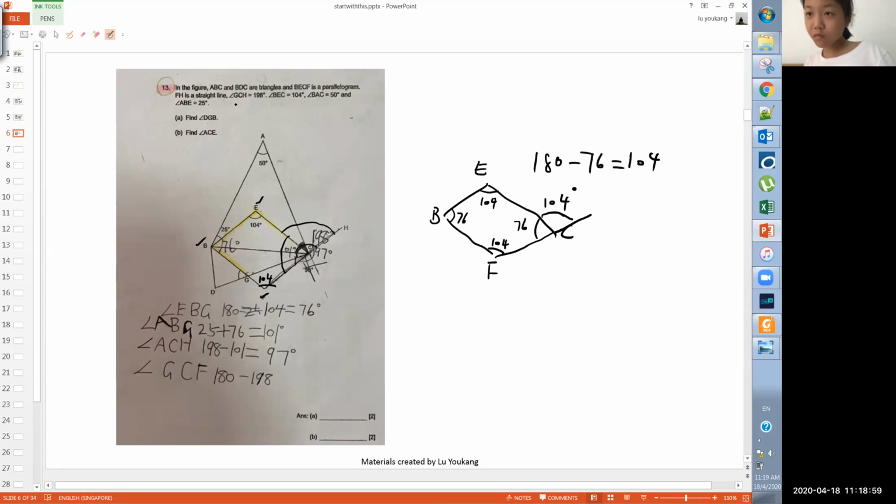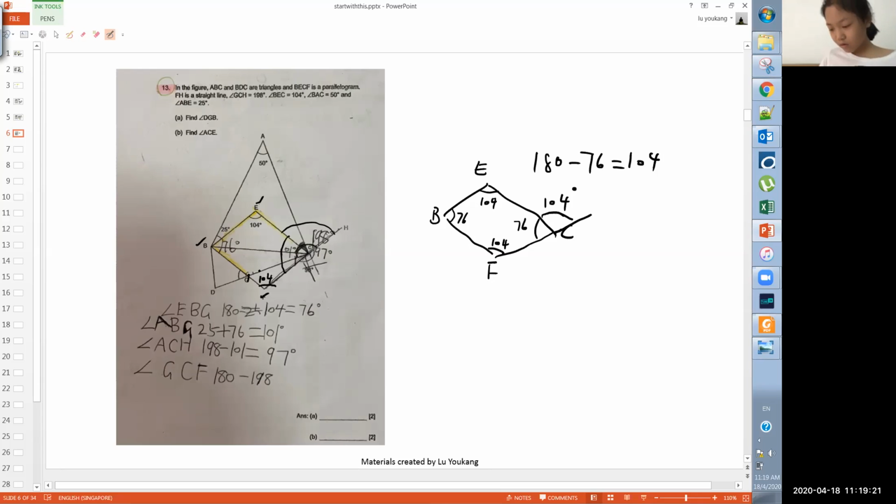So let's continue. So GCH, where is GCH? Okay, next time when you do this question, please use a pencil. So GCH. Where's your G? This is your G, right? Yeah.